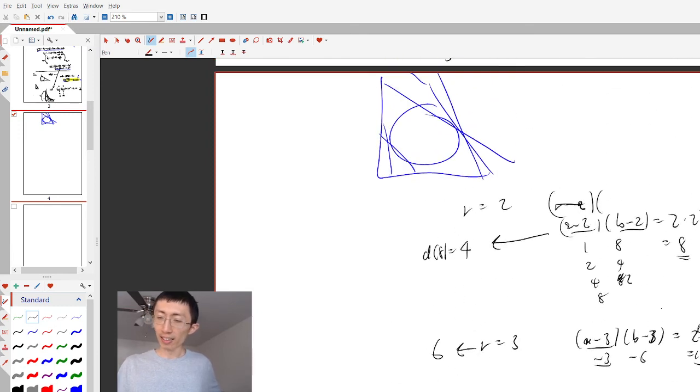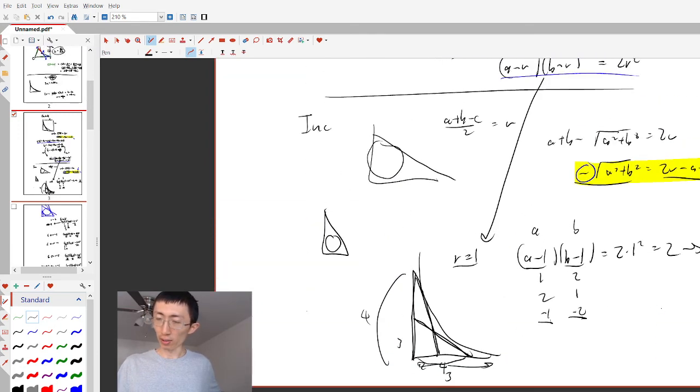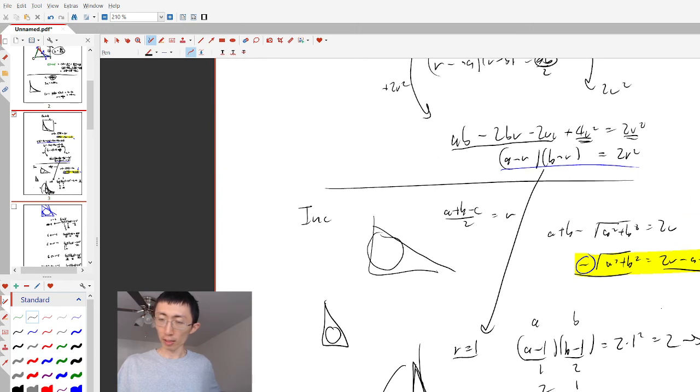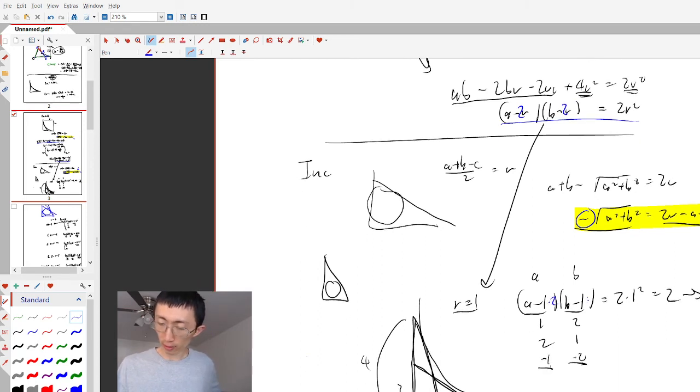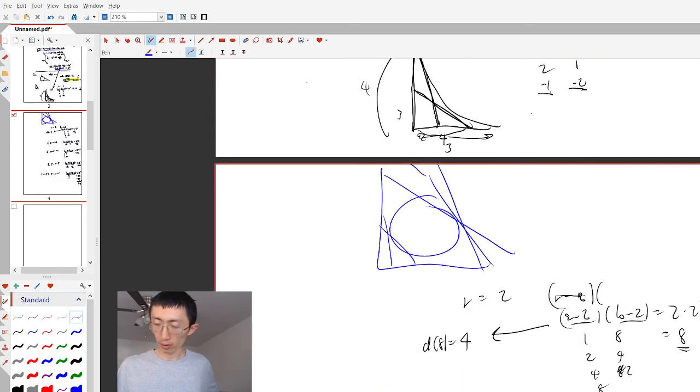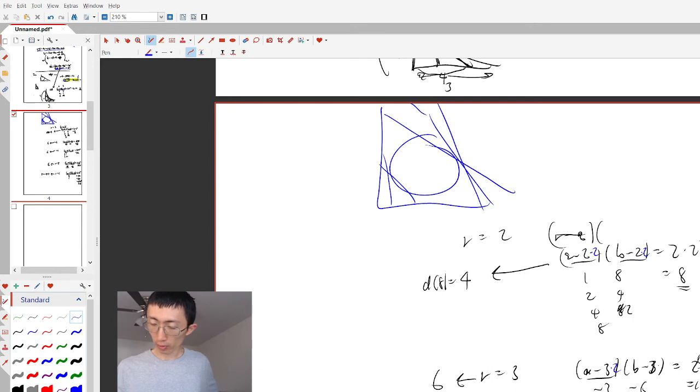Oh, my bad. I think I forgot the 2, right? Yeah, there was a 2 somewhere. Yeah, this should be a 2, my bad. None of the analysis we've done so far is incorrect, but there should be an a minus 2r. So this is just times 2, this is times 2, this is times 2, this is times 2.